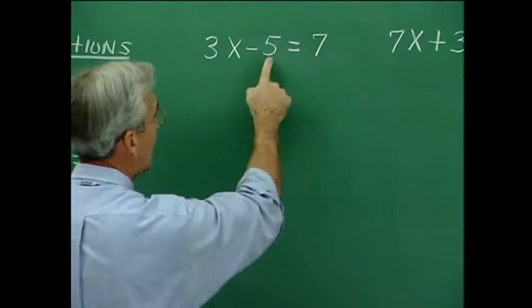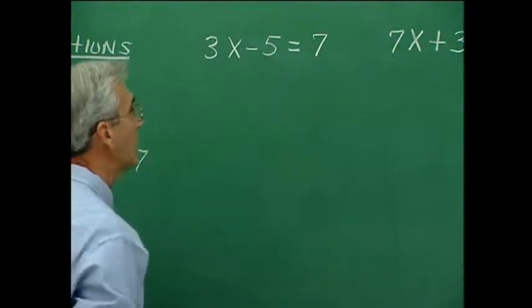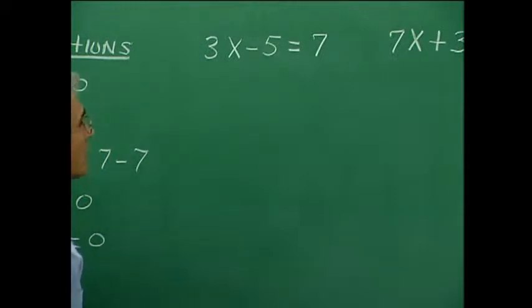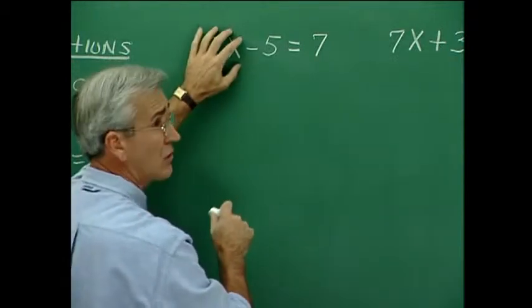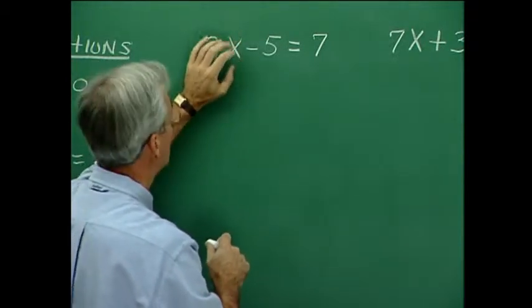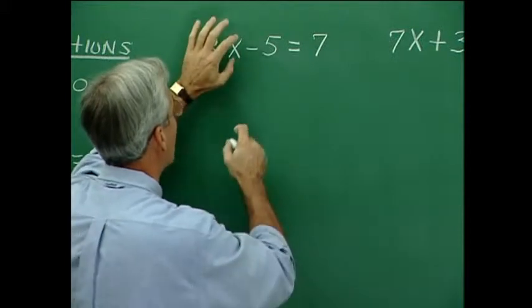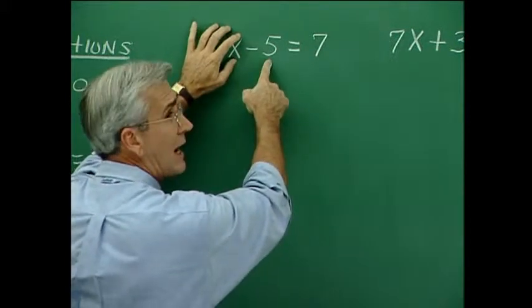We see subtract 5, and we undo that by adding 5 on both sides. The notion in this isolation process is to first isolate the term or terms that involve x. So here this term involves x, and we'll isolate that by adding 5 on both sides.